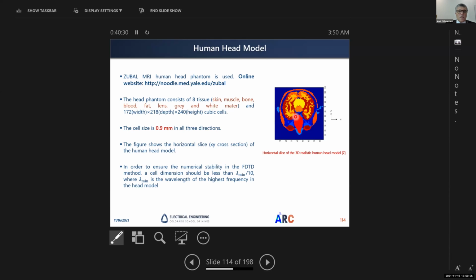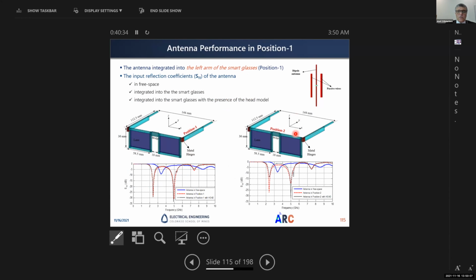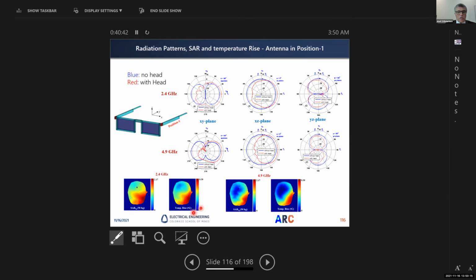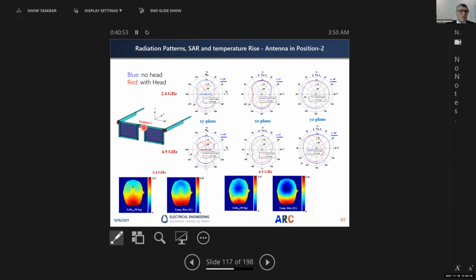And you can see that in position 1 and position 2, the response of the antenna itself operating at the 2 designated frequencies and the corresponding temperature and SAR and the radiation pattern at 2.4 and 4.9 at this position 1. The same or similar results were obtained when you have the antenna at position 2.